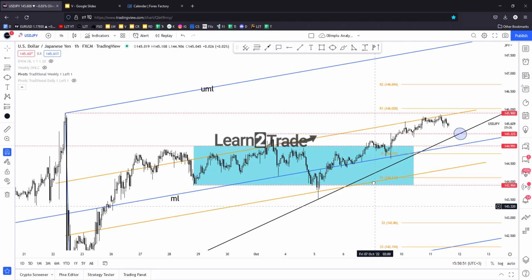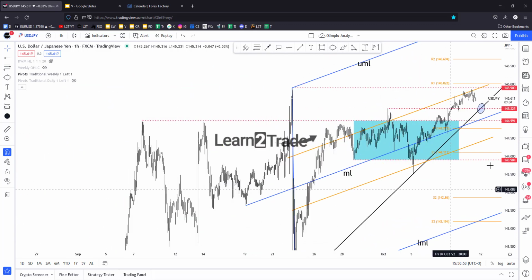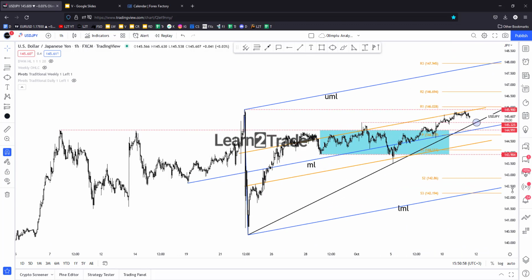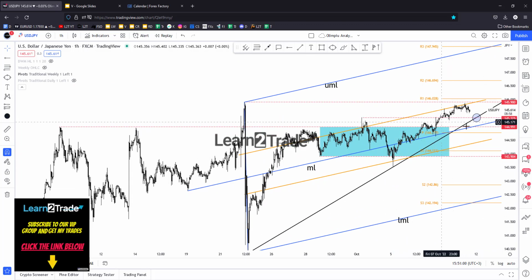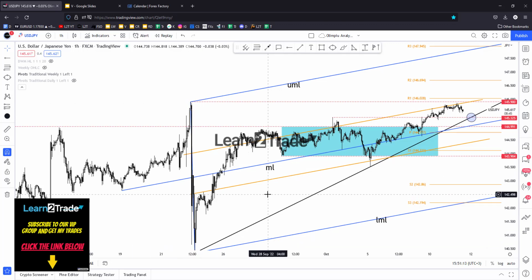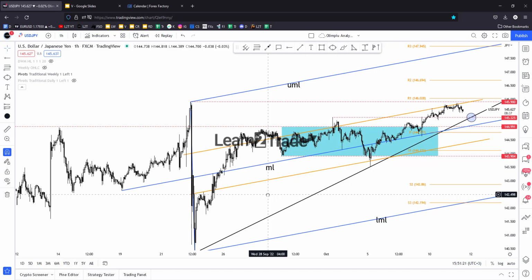So US dollar, Japanese yen. Right now it has managed to jump and stabilize above 144.99, the 145 psychological level. Here, a massive sell-off in September, only because, if you remember, the BOJ and the Japanese government intervened in the foreign exchange market.